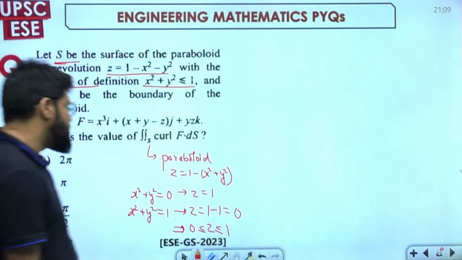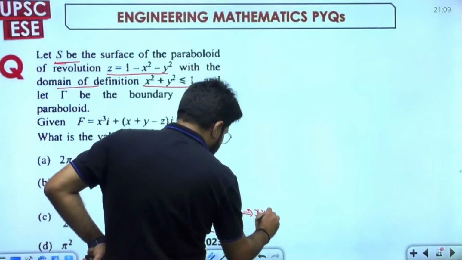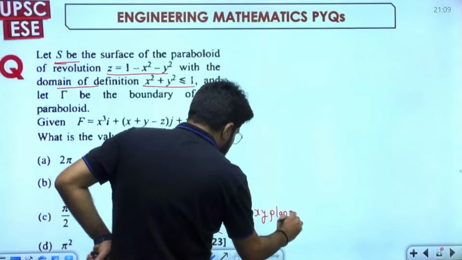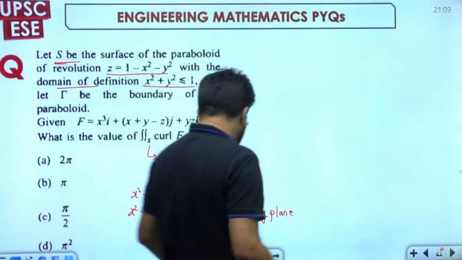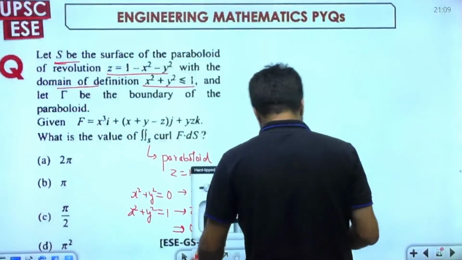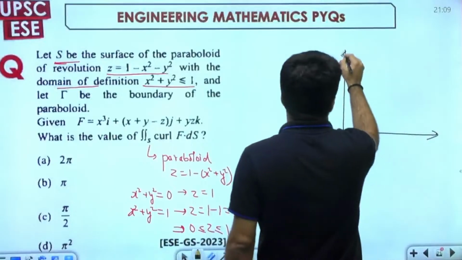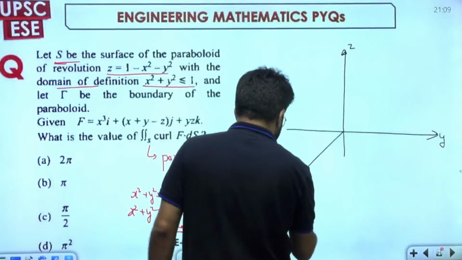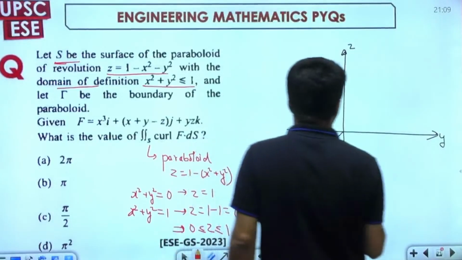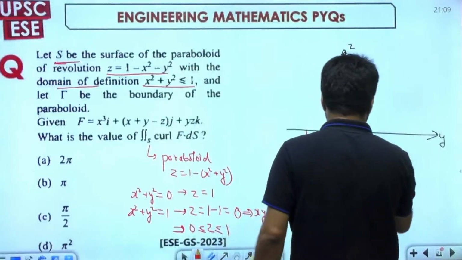z equal to 0 means the xy plane. So in the xy plane, there is this full circle, x square plus y square equal to 1. Let's take this as the z axis, this is y and this is x. I'll show you one more clean picture. If you are in the xy plane, there is a circle of radius 1.